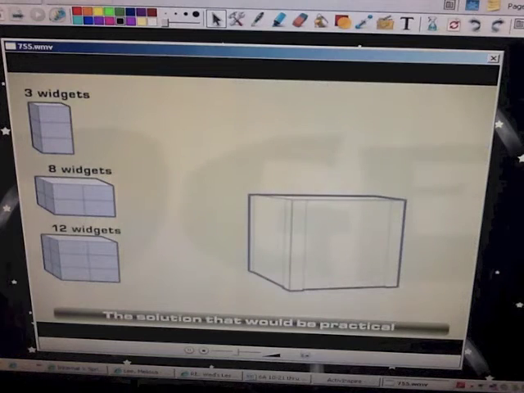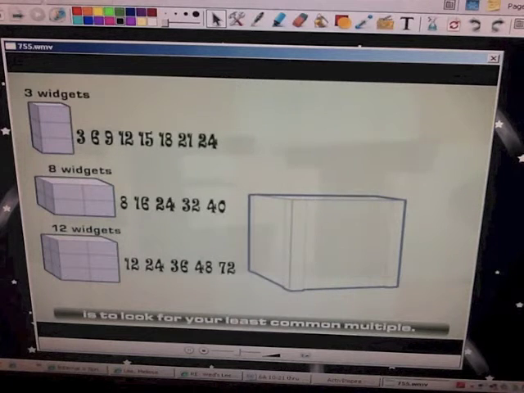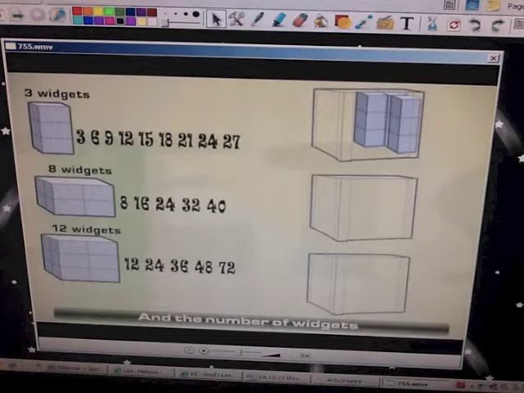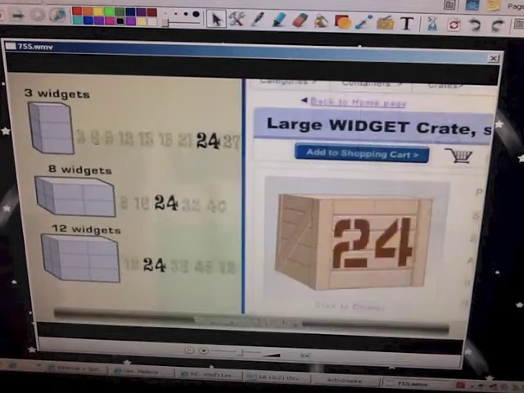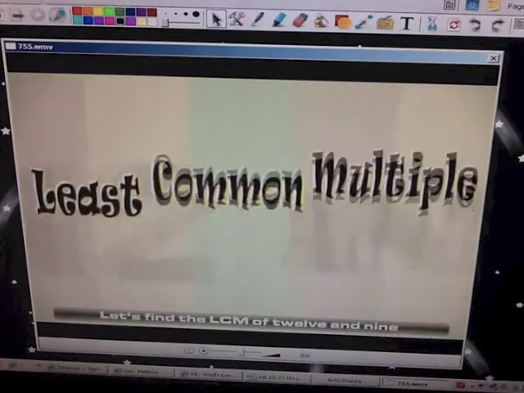The solution that would be practical is to look for your least common multiple. And the number of widgets the crate should store is 8 3s, 3 8s, 2 12s, 24.